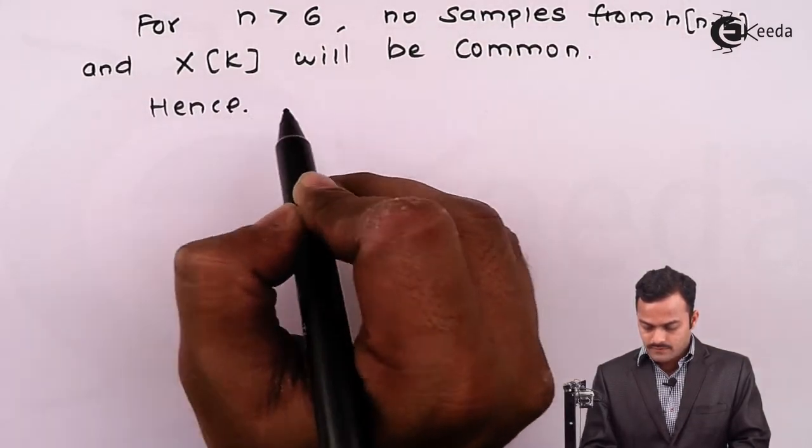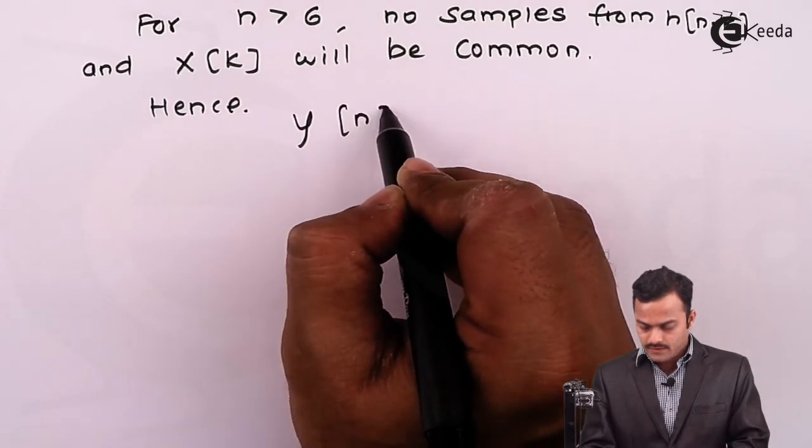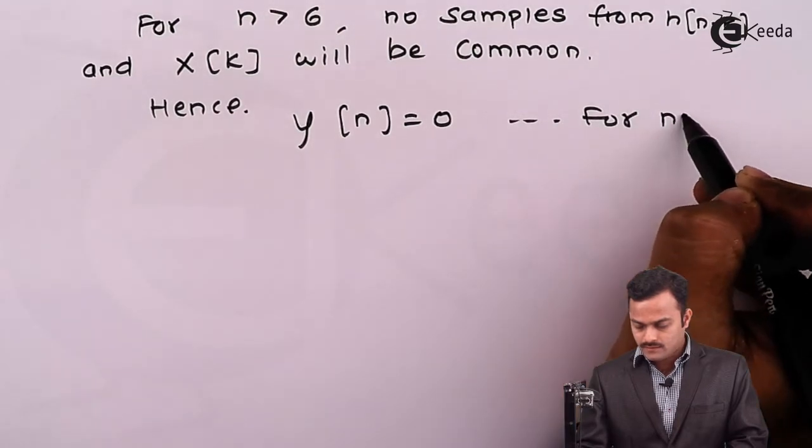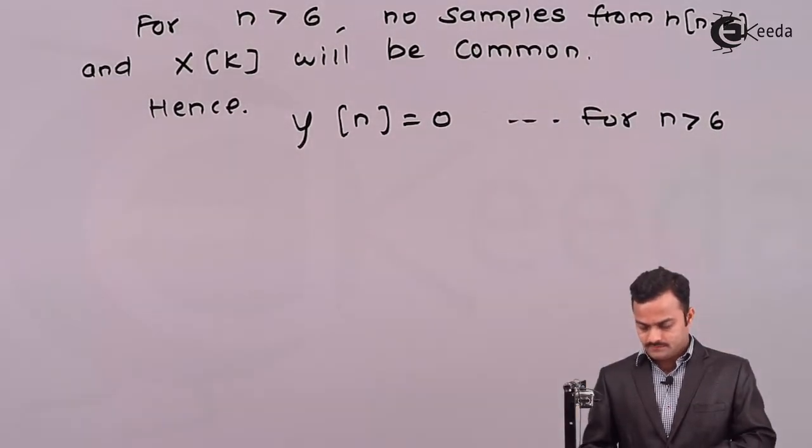Hence we can say y of n is equal to 0 for n greater than 6.